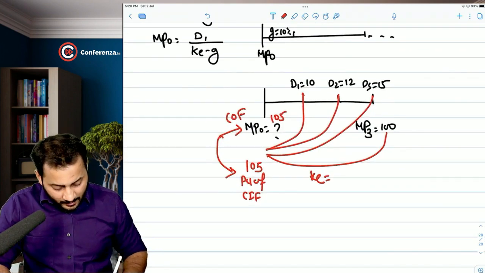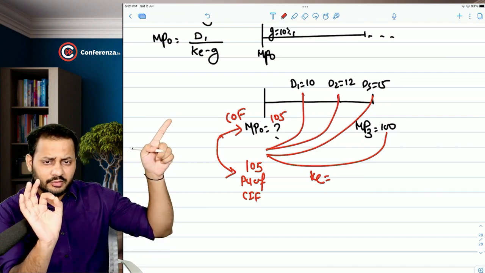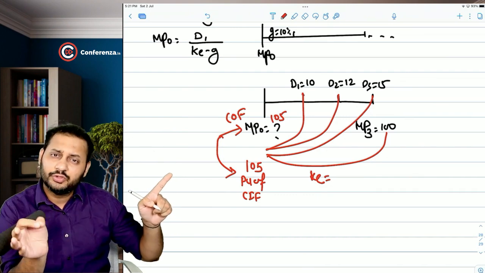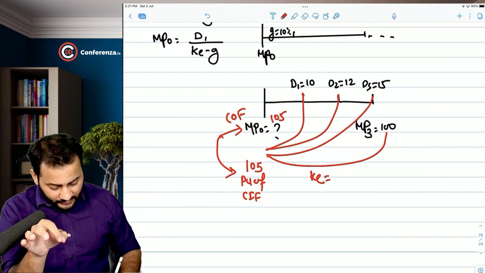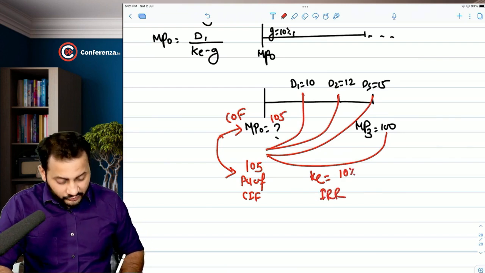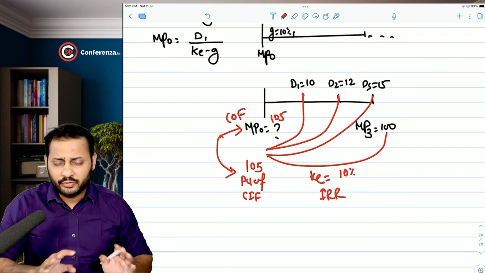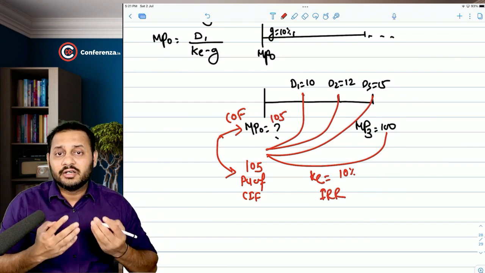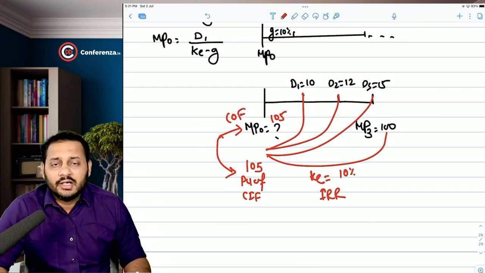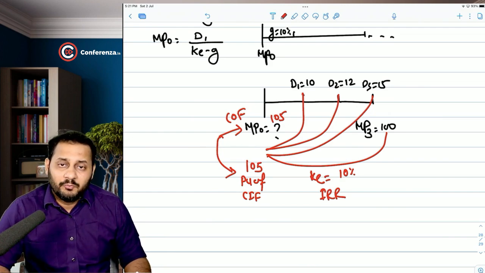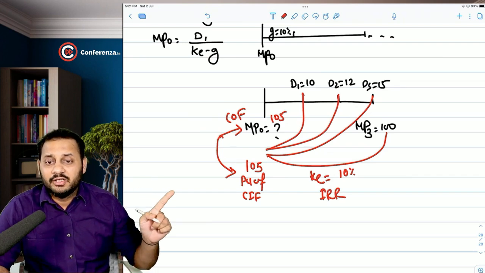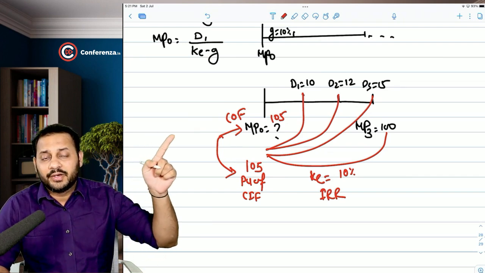It means that if you are investing at 105 in this share and the present value of cash inflow is also 105, and let's say the cost of equity is 10%, it means this is your IRR. Even if you don't understand IRR at this point, let it be. This means that you are earning 10% by investing in the share every year. Not more than that, not less than that. Because when you discount the future cash flows by 10%, your present value of cash inflow is equal to the present value of cash outflow.